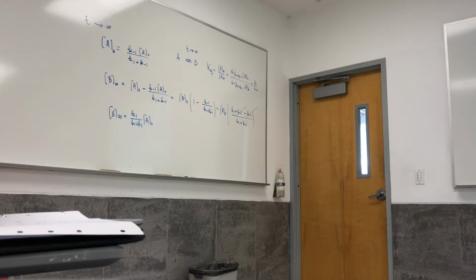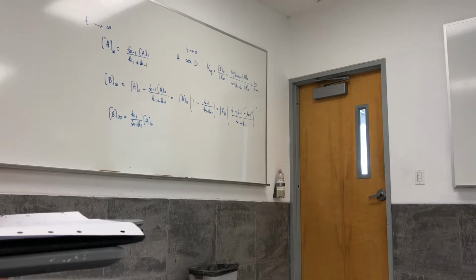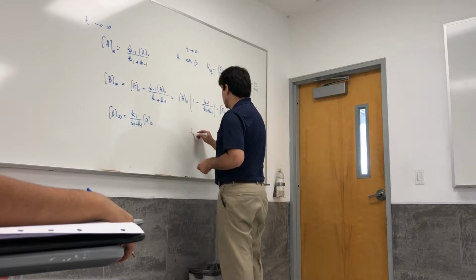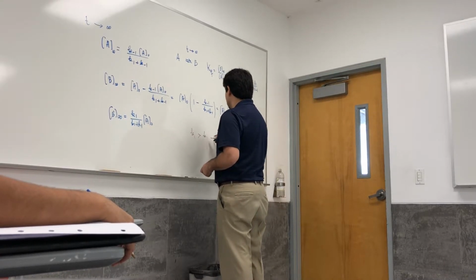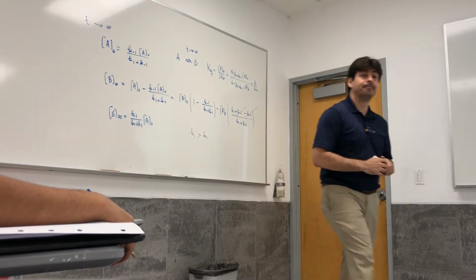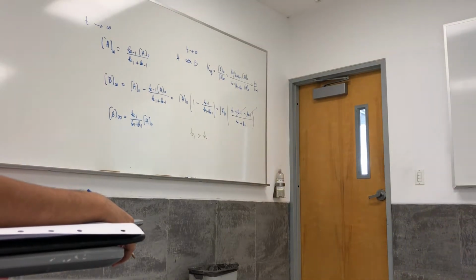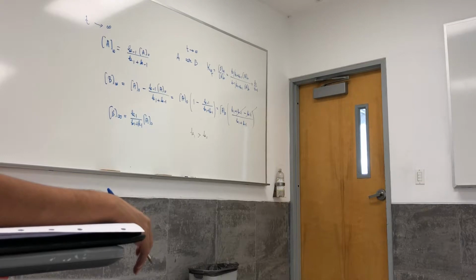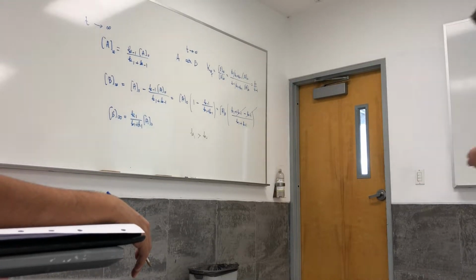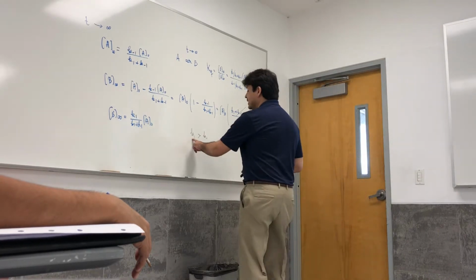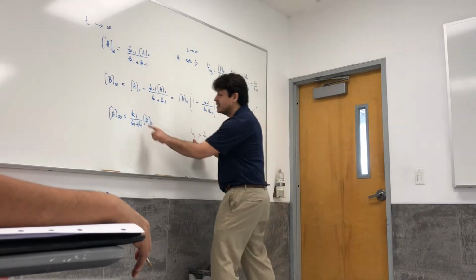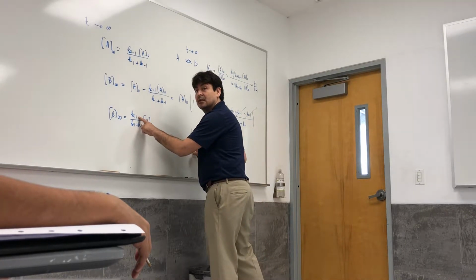Now, what happens if k1 is larger than k minus 1? What do we expect? We will have preferentially B, no? So k1 is determining which of the two. Okay?